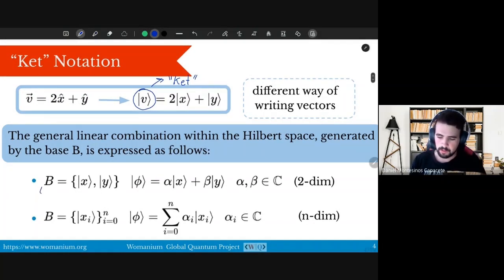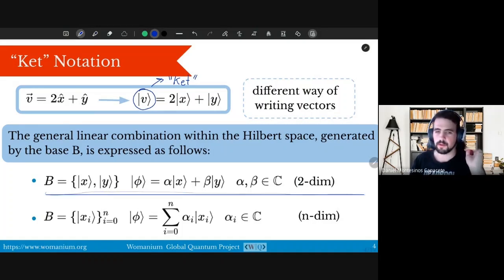For example, take this easy example, very similar to the two-dimensional plane we were discussing the other day. This will be the general linear combination where alpha and beta belong to the complex numbers. This will be an example of a two-dimensional Hilbert space over the complex numbers.